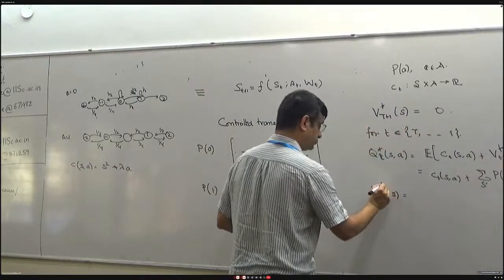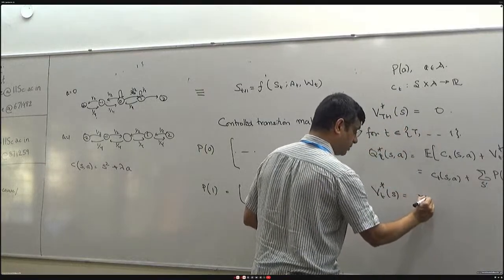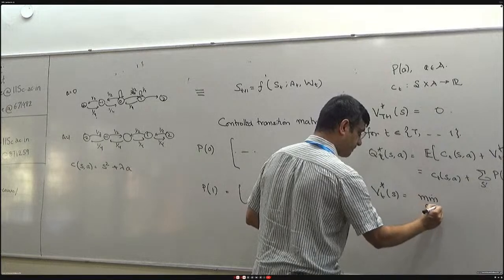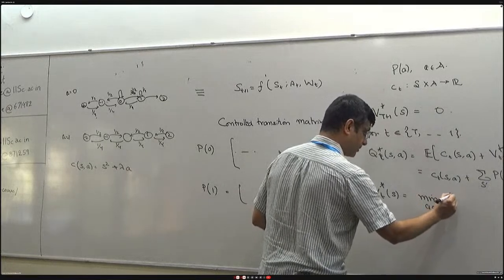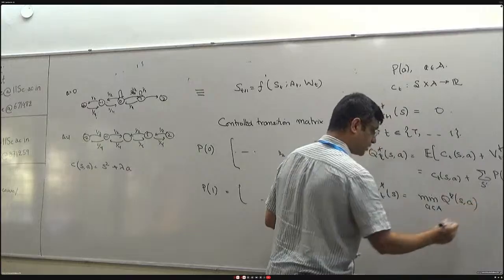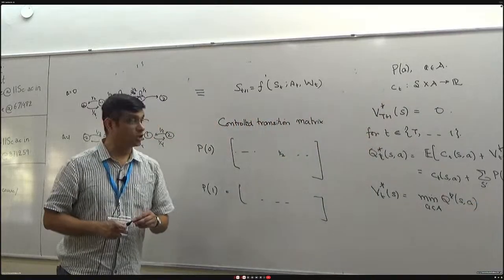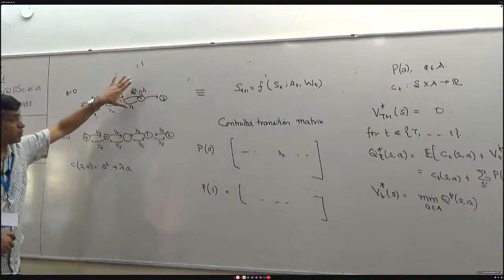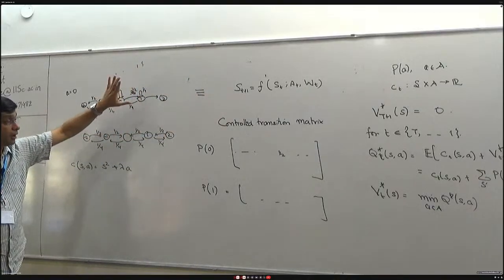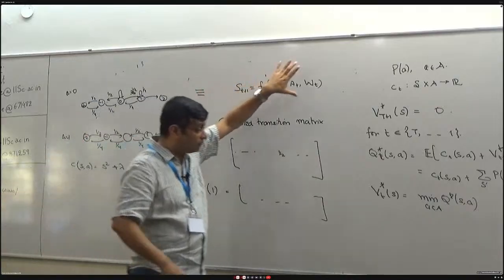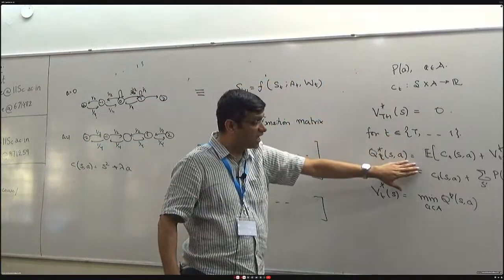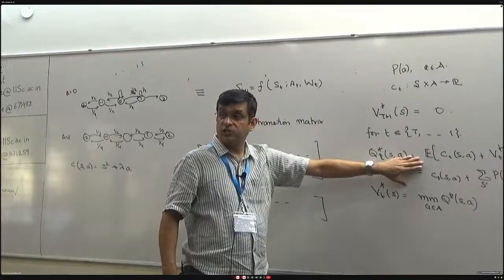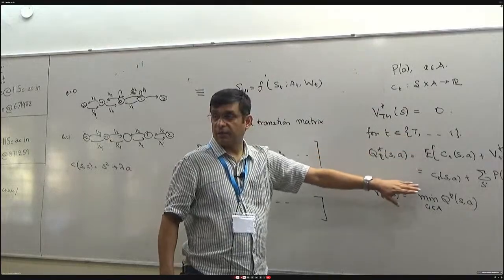V star is the minimization over actions of Q star of s and a. Okay. So, sort of take my word for it in terms of why this model and this model are identical, and we can use a slightly more compact notation to write our dynamic program. Okay?